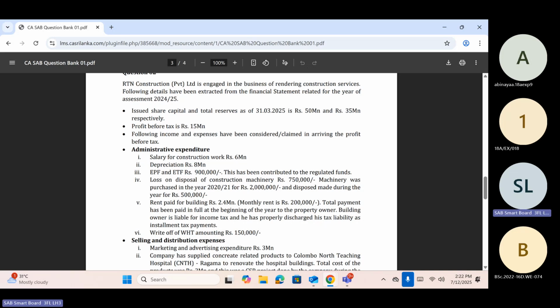So what is the terminology that we need to use? Assessable charge. Yes, assessable charge. Otherwise, if the disposal proceed is low compared to the written down value, it means balancing allowance. This is an assessable charge.